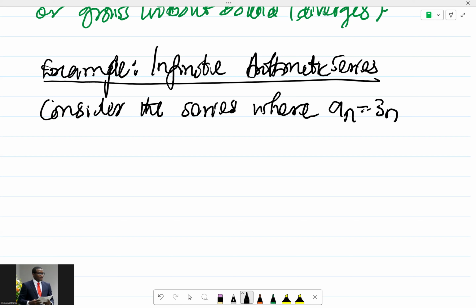It's more intuitive to go this way. If an is 3n, it means that we have the summation from n equals 1 to infinity of 3n.